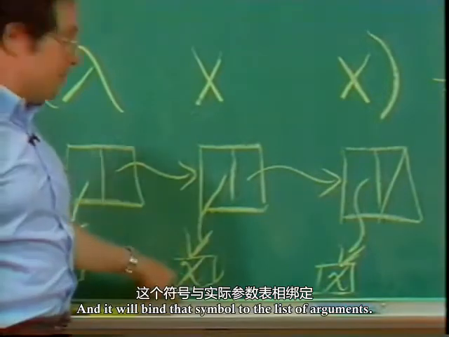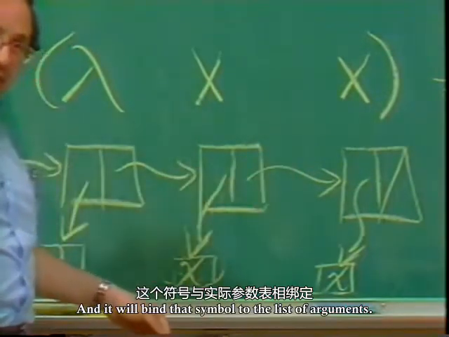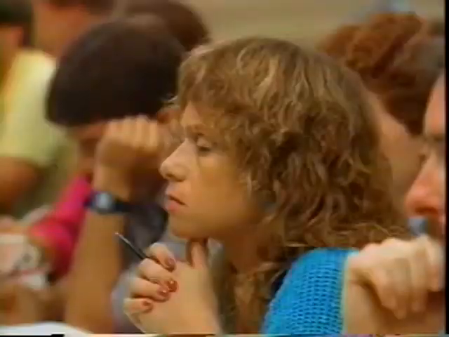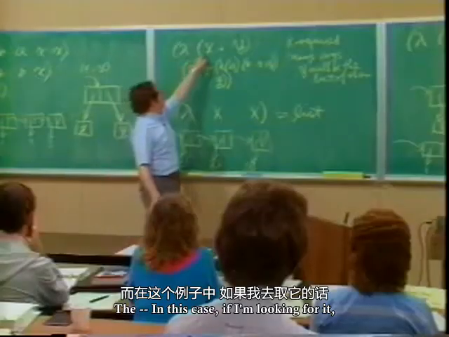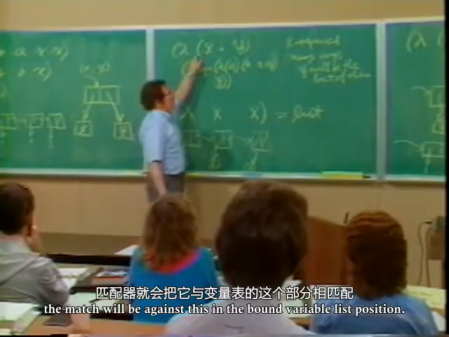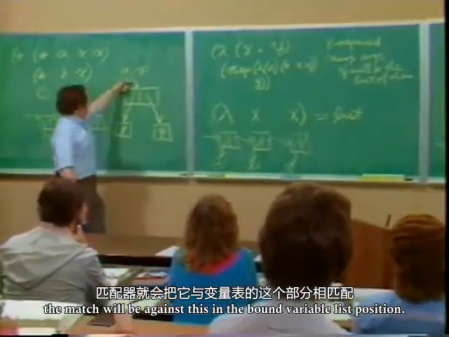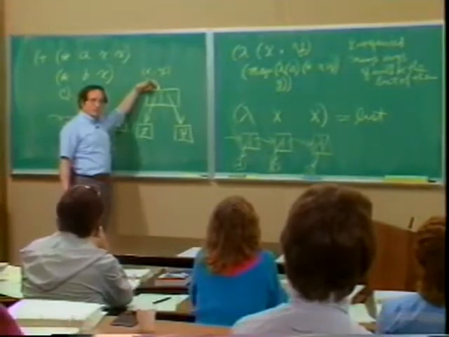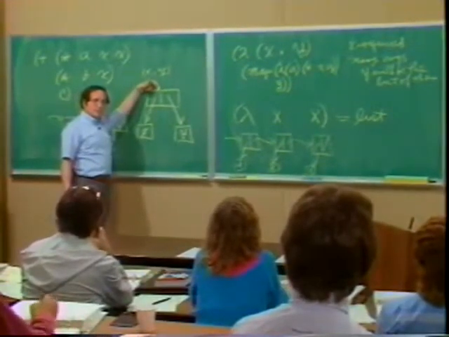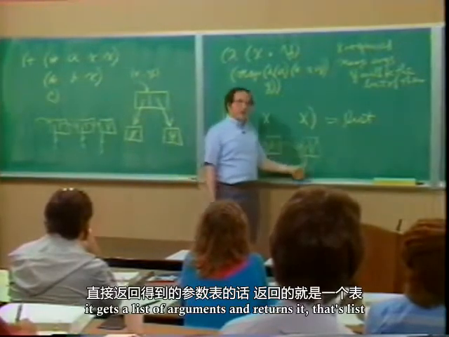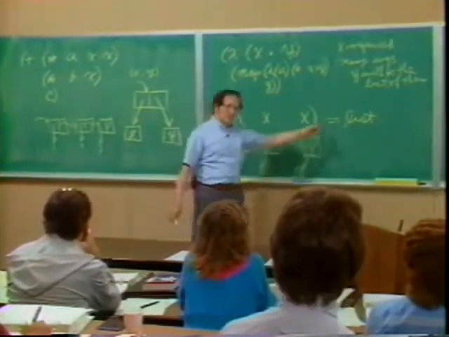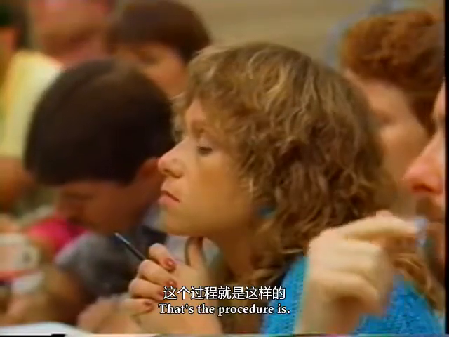And it will bind that symbol to the list of arguments. In this case, the match will be against this in the bound variable list position. Now, what this does is it gets the list of arguments and returns it, that's list. That's what the procedure is.